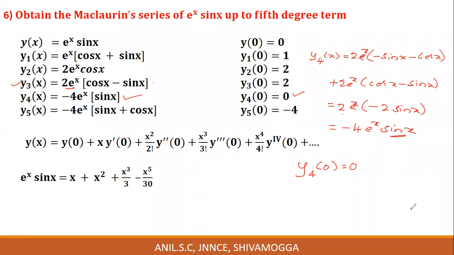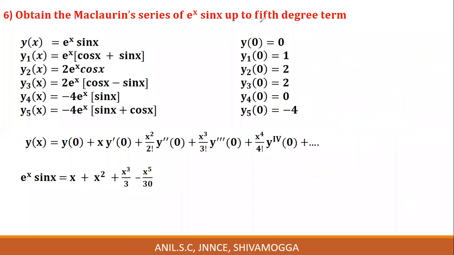One more derivative is required because expansion is required up to 5th degree term. Again, differentiate this, keeping minus 4 into e power x as first function and sin x as second function. Derivative of y4 is y5. y5 of x. Minus 4 into e power x is first function, keep it as it is.